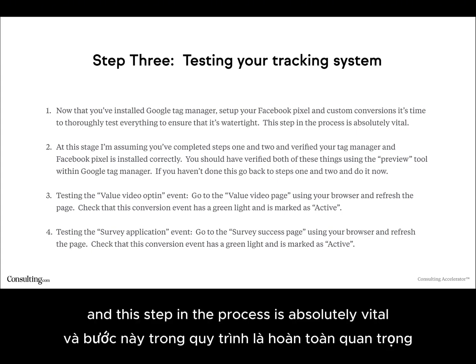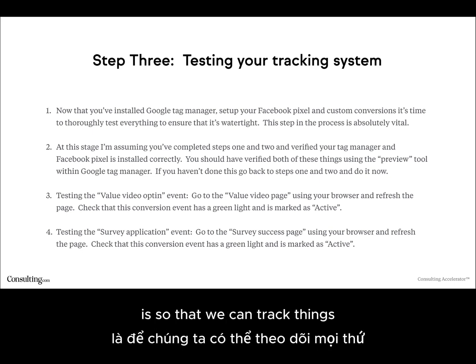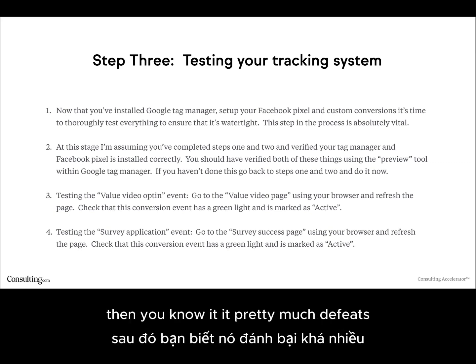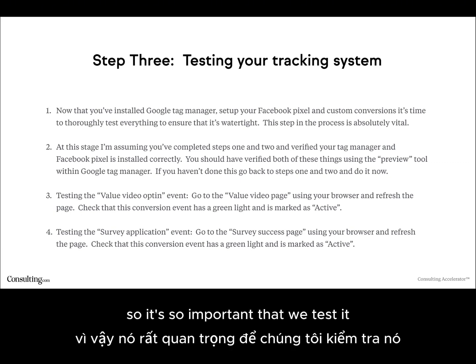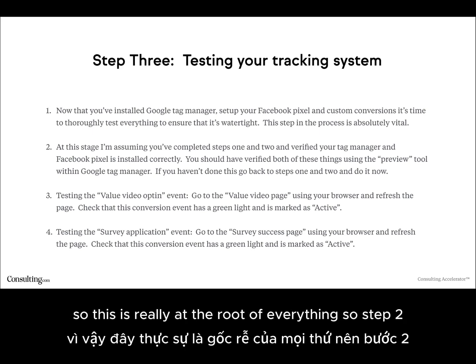And this step in the process is absolutely vital. Like I said, the reason why we have a tracking system is so that we can track things. But if we don't test our tracking system, then it pretty much defeats the entire purpose of everything. So it's so important that we test it, otherwise everything we test from here is not tested. So this is really at the root of everything.